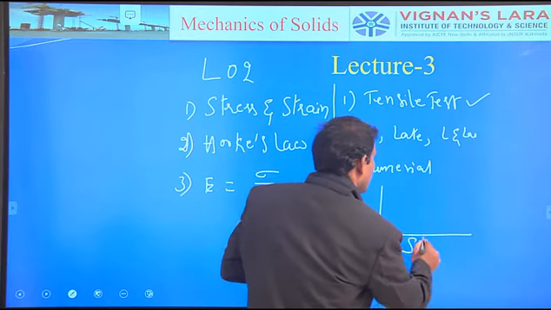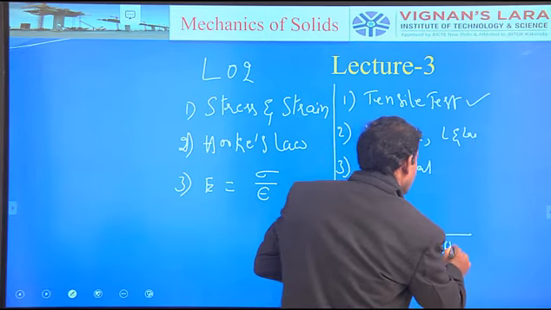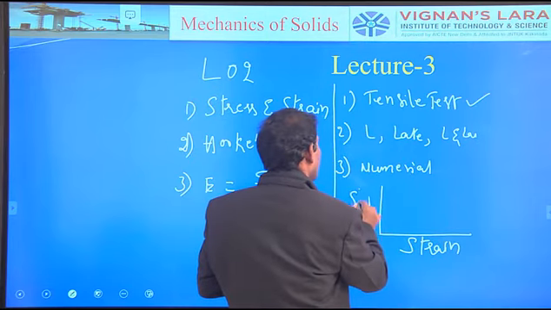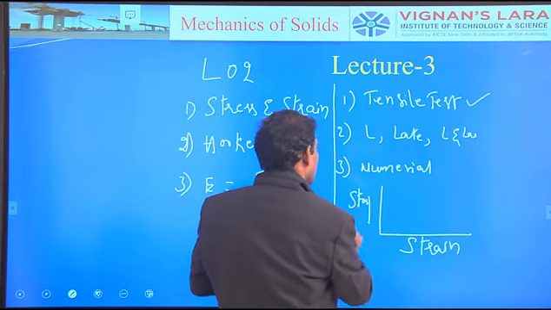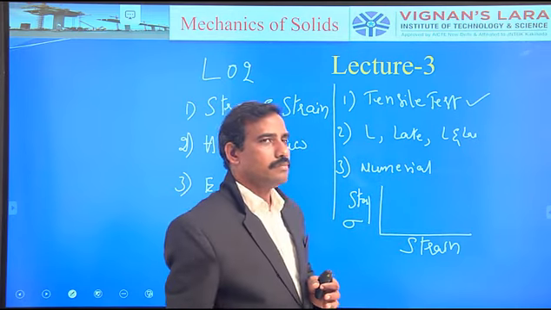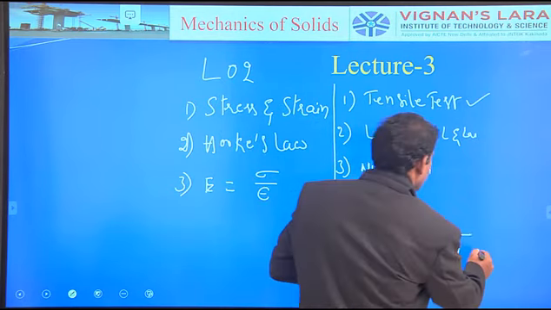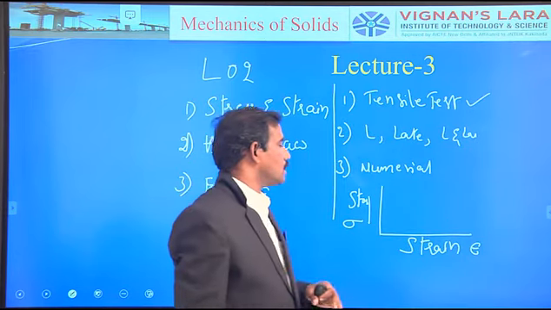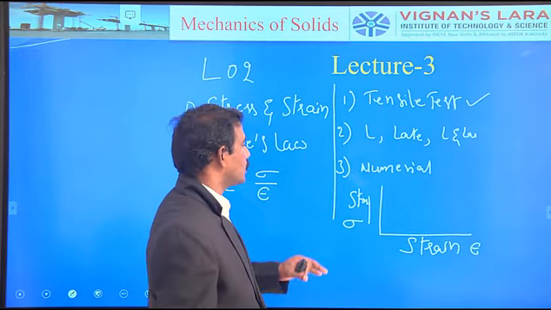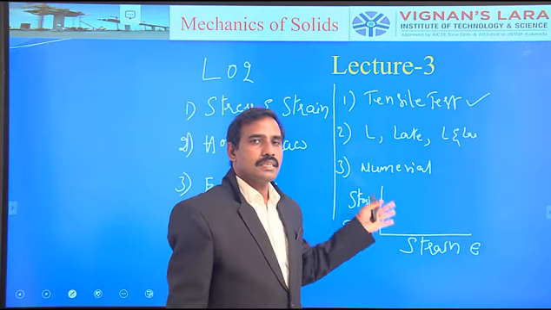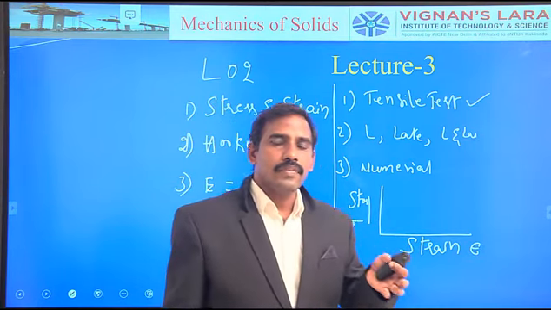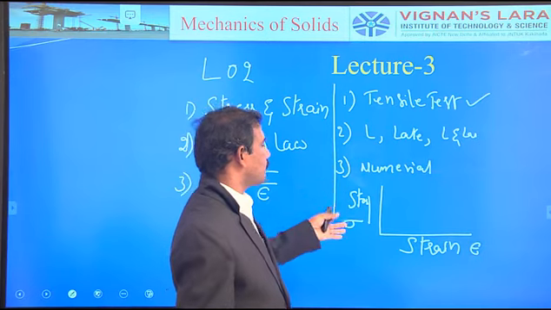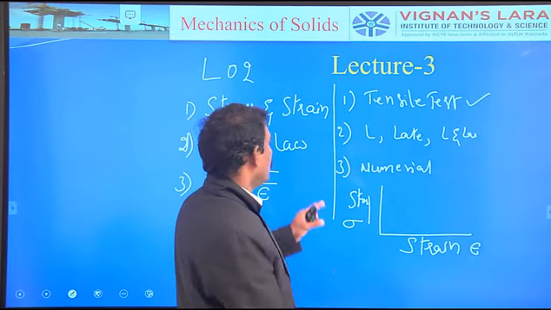The strain is taken along the x-axis and the stress is taken along the y-axis. The stress is always represented by sigma, the strain is always represented by epsilon. The strain is also known as the deformation or elongation or contraction, whatever it may be. Stress is the resistance offered by the body to the deforming force.